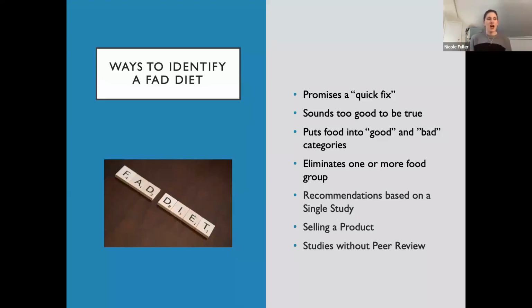A lot of times you'll see that a fad diet might be based on a single study, or there's not a lot of research behind it. Or even if there is a single study, it could be limited to, like, 10 people. There's not much data available on the fad diet.